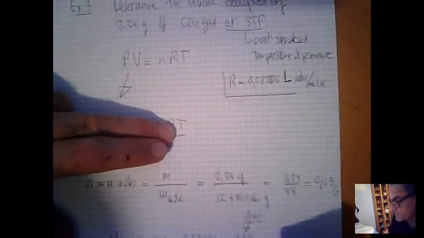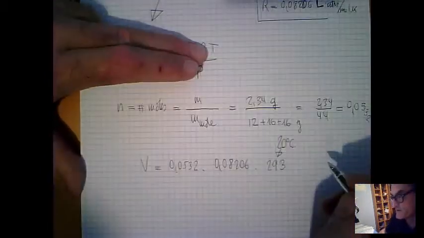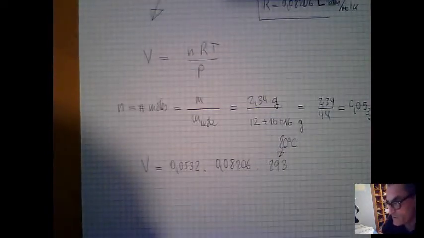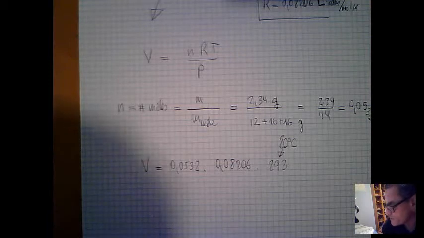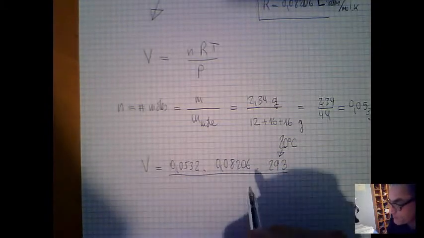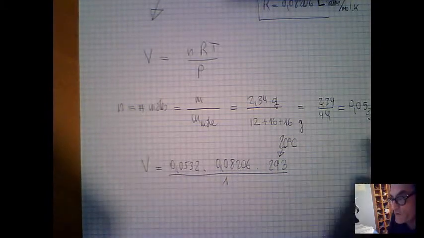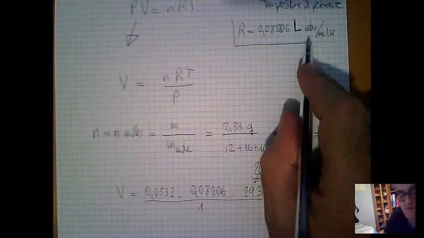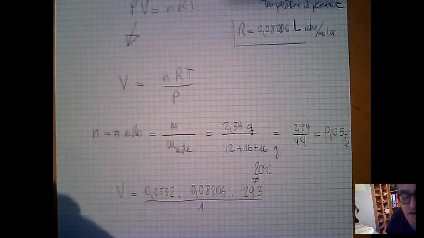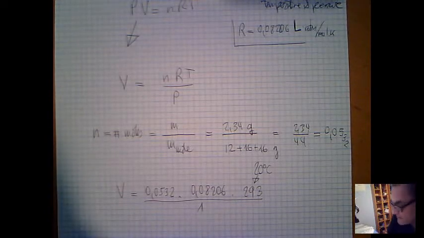So this is 293 kelvins. I should do that more often. It makes you speak. I hear life on the other side, and it fills me with hope. So times the temperature, divided now by the pressure, which we will put at 1 because the pressure is in atmospheres, and so the standard pressure is 1 atmosphere.